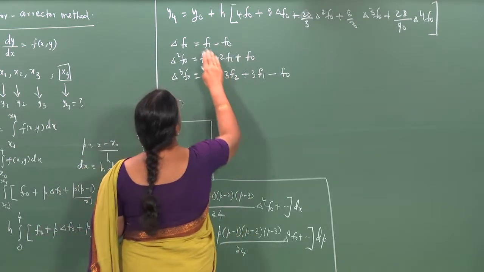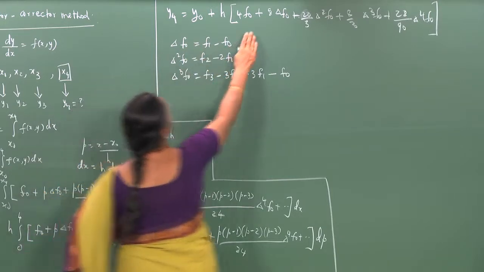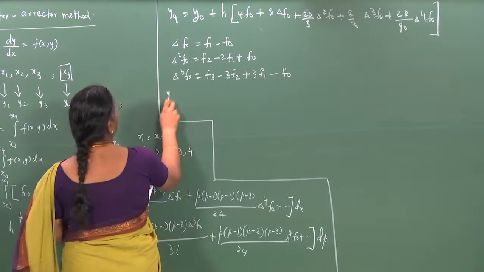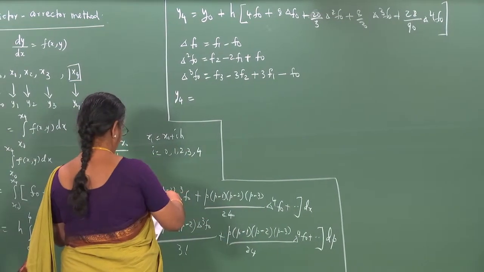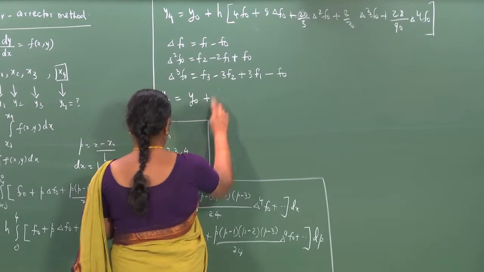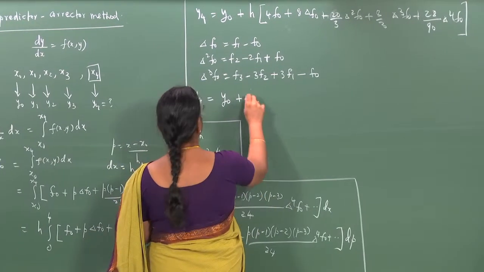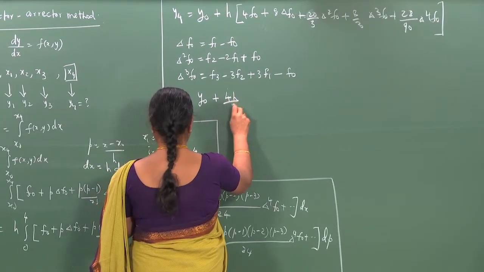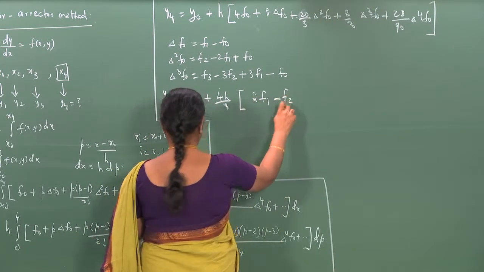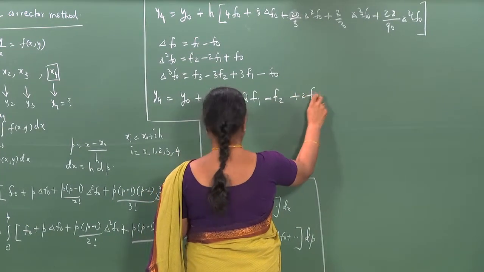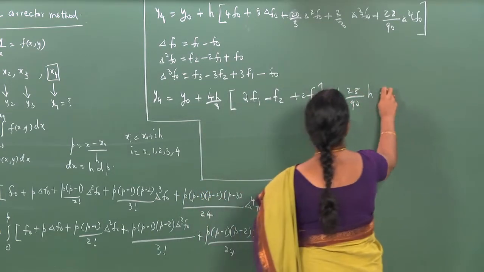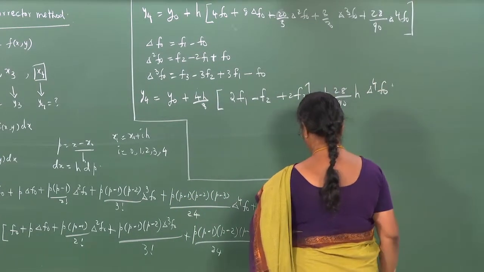We substitute these forward differences in the terms which appear within the bracket and simplify, and we end up with y4 as y naught plus 4h by 3 into 2f1 minus f2 plus 2f3 plus 28 by 90 h into del power 4 f naught.